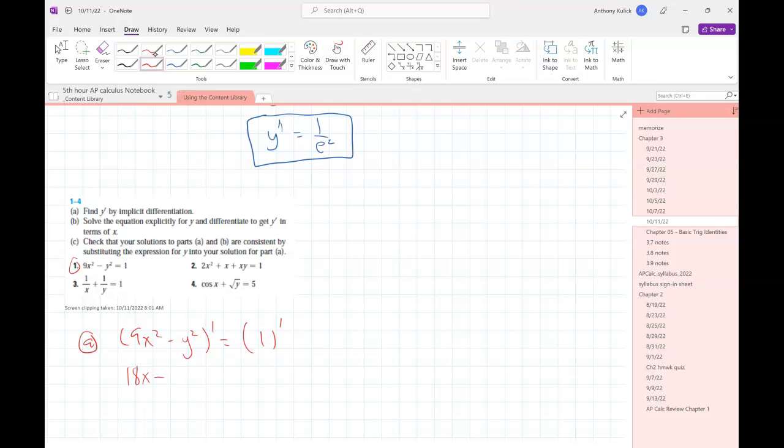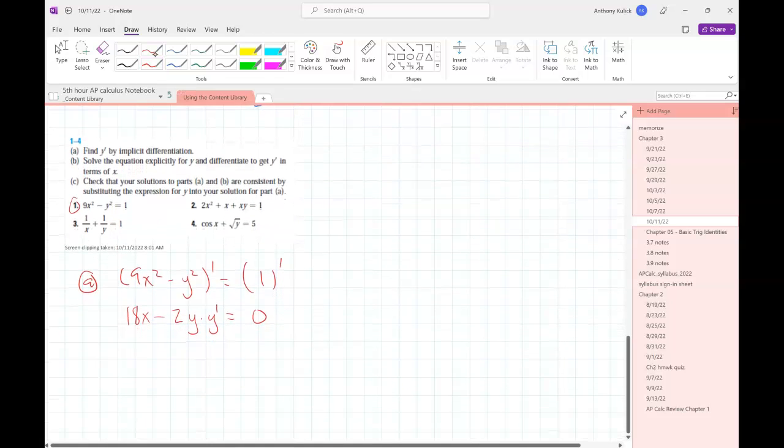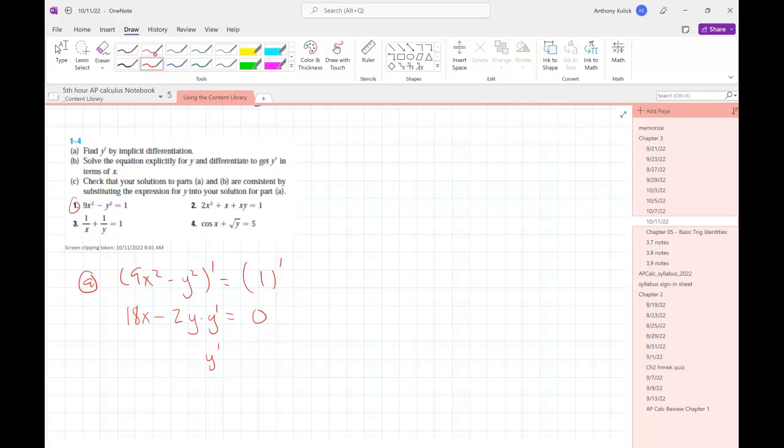And the derivative of y squared is going to be 2y times the derivative of y, equals 0. So I'm just going to subtract 18x over and then divide by 2y, or divide by negative 2y. So that's my answer for part A.